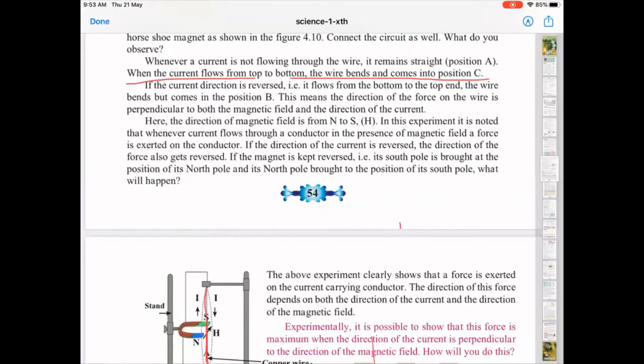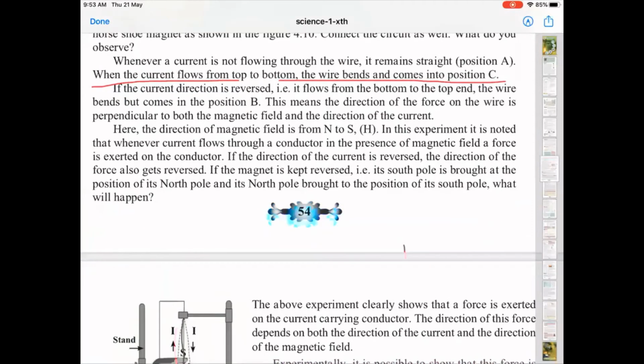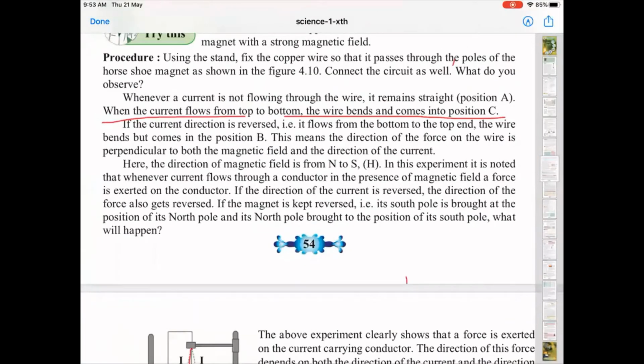Next they have mentioned that if the current is reversed, so it flows from the bottom to the top, the wire bends but comes to position B. The first condition was the current flowing from top to bottom, where the wire bends and comes to position C. This means that the direction of force on the wire is perpendicular to both the magnetic field and the direction of the current.